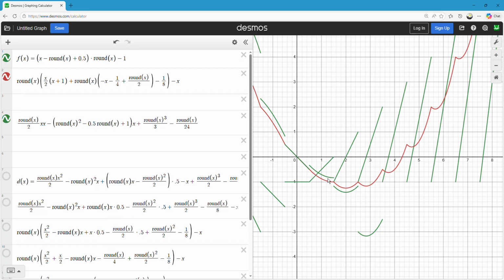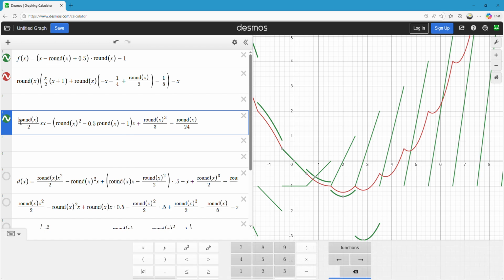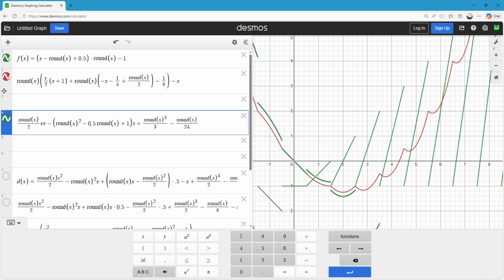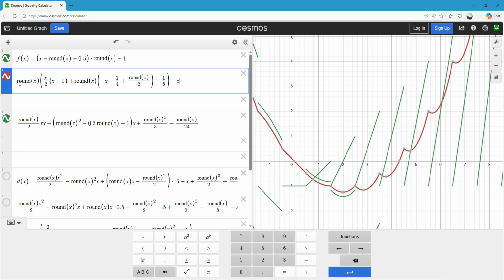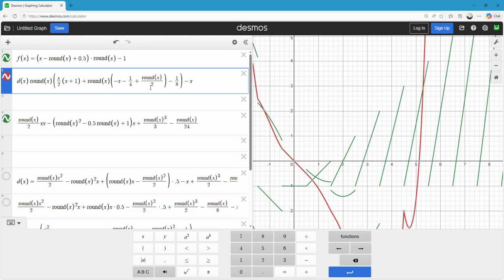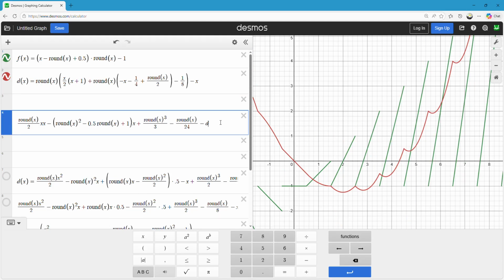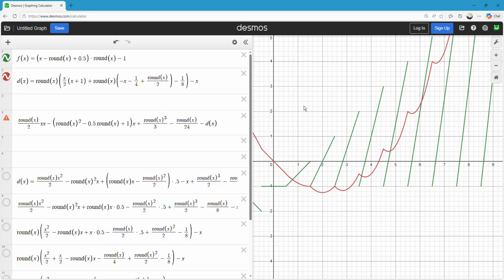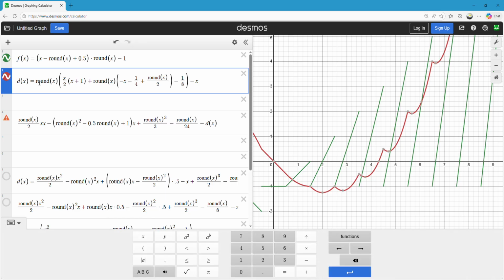But yeah, I guess that's it. How off was it anyways? Let me see. Original function minus. Oh, there's already a function of that.